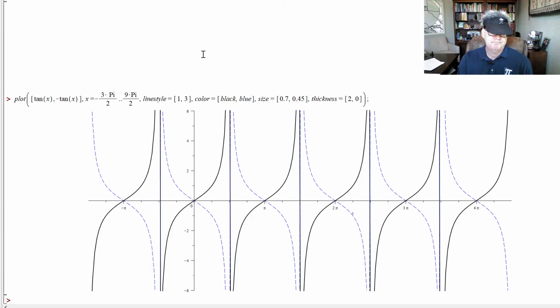Note, tangent is pi periodic, but that's it. There's no other way to get the tangent other than to shift it some multiple of pi. Right? If I do the negative of tangent, like in the dashed here, and then shift, I can't recover tangent. So the only way to get the tangent was just that one way.